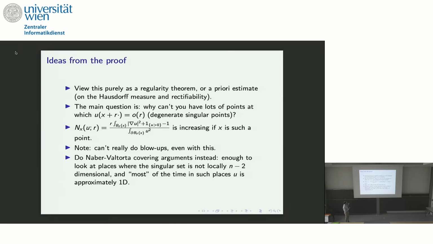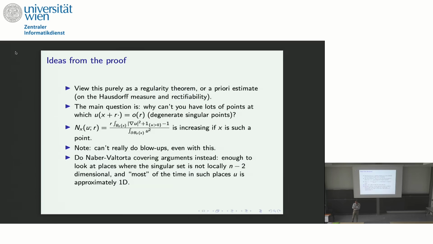So it's really hard to understand what's going on with the blow-ups in this case. Even if you have the formula, it's really not clear what to do here. So what we do instead is we do this Naber-Valtorta covering argument. This is a part of the Naber-Valtorta argument that's usually not so relevant, but what they say is, you don't really need to be doing blowups at arbitrary points.